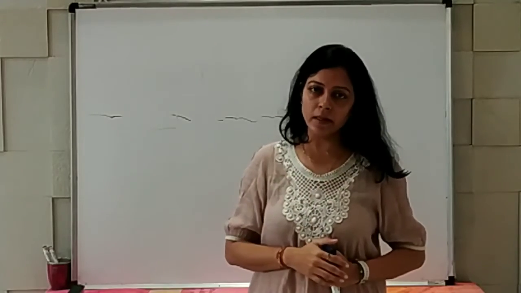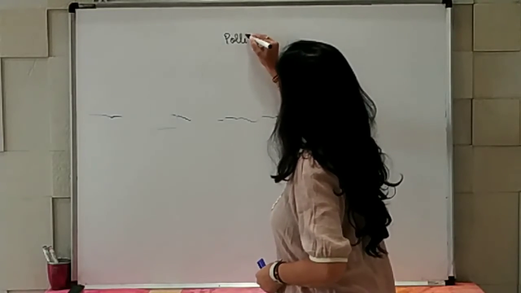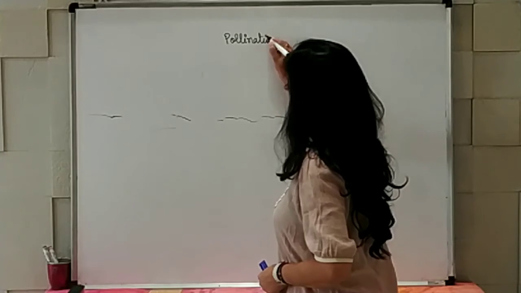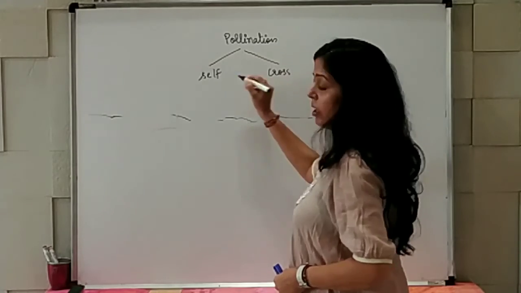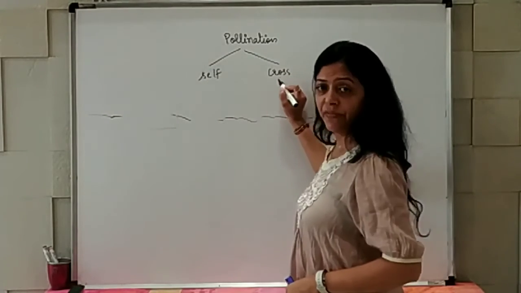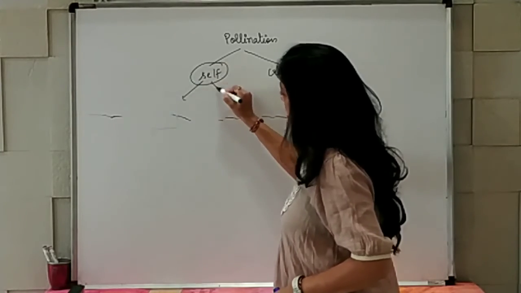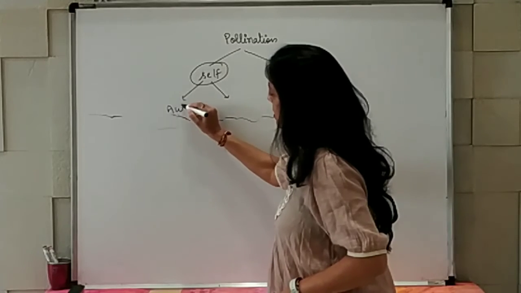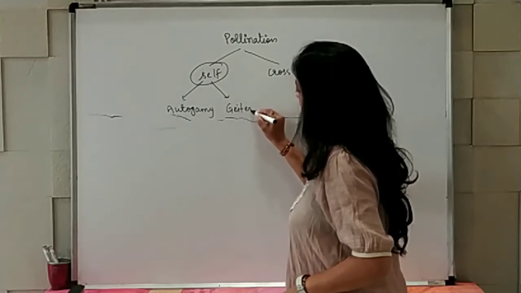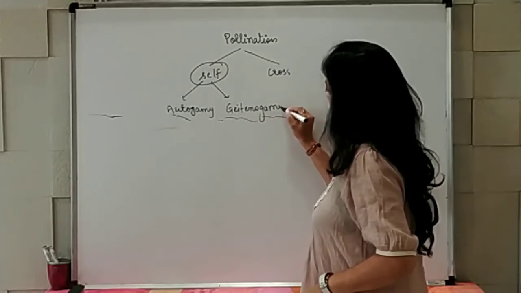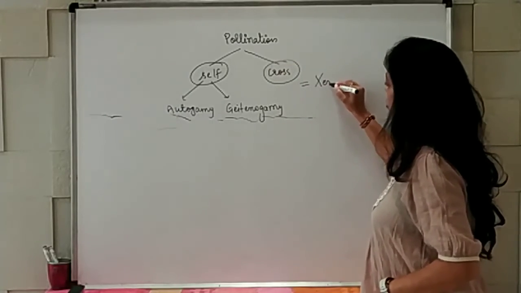So in the last I can say that pollination is mainly of two kinds. Self and cross pollination. Here the plant is the same. Here two different plants of the same species are involved. Self pollination again can be divided into autogamy and geitonogamy, while cross pollination is known as xenogamy.